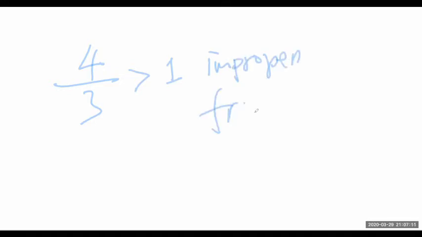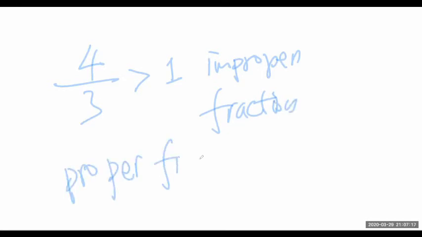Improper fraction, like say 4 over 3. 4 out of 3, that's 1 1/3, right? So it is bigger than 1. That's called an improper fraction. Normally a proper fraction is always less than 1, right?